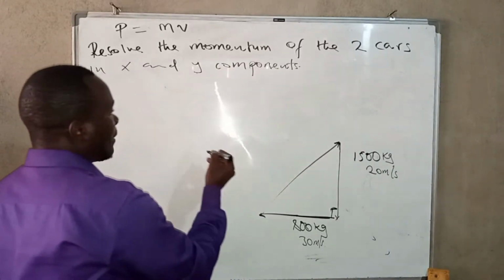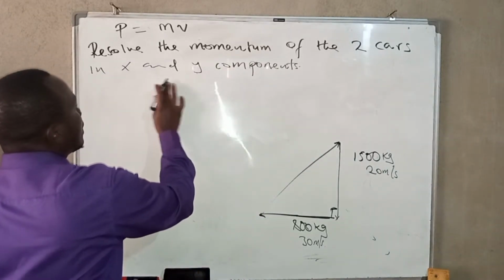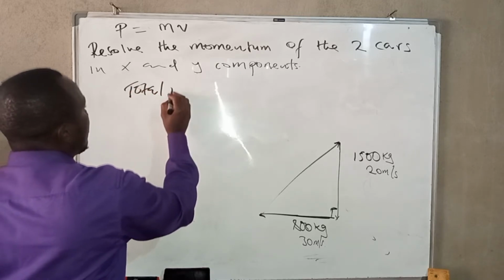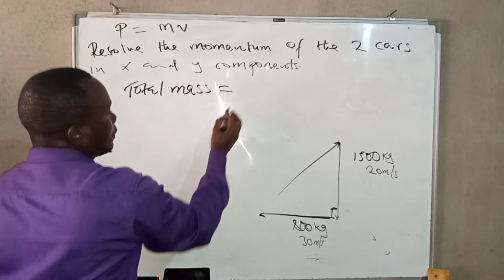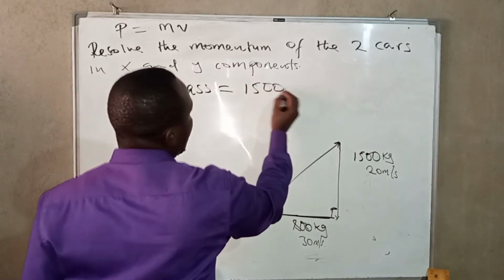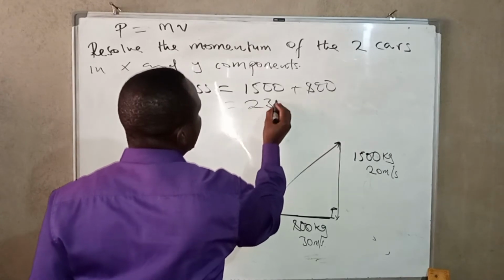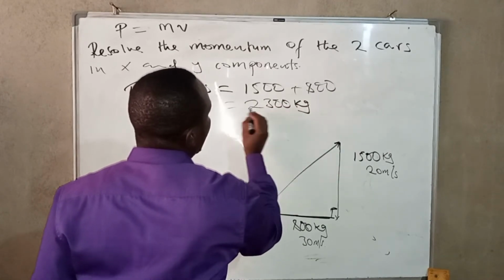Before we resolve, let us come up with a common mass, the total mass. Total mass is equal to 1,500 plus 800, which will give us 2,300 kg.